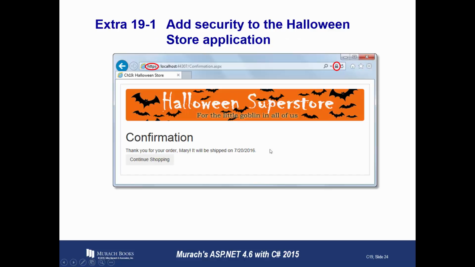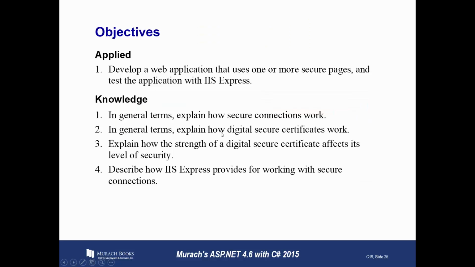All right, this is another one that's actually, I guess, added security. Yeah, okay, that's fine. So this chapter was very short, with just 2 lectures. We talked about developing a web application that uses one or more secure pages and testing that application with IIS Express. Now, I only did that with limited success, but I did talk to you about how secure connections work.